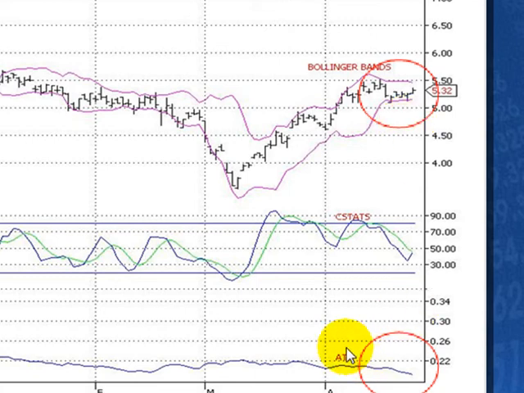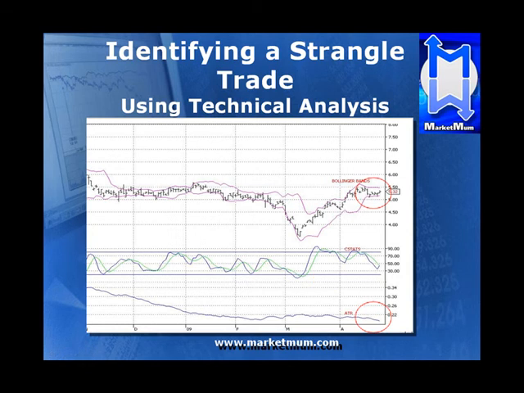And if your entry price is too high, you just don't do it, because either the volatility is too high or it's just too expensive a strangle and hasn't got a hope of hitting those prices. And you want to make sure too that your ATR is quite low. You can see here volatility is quite high, and it comes all the way down. Your ATR's here, so that's pretty good.